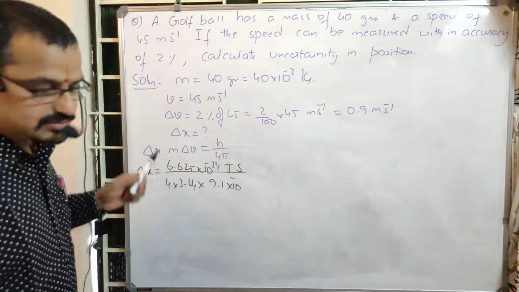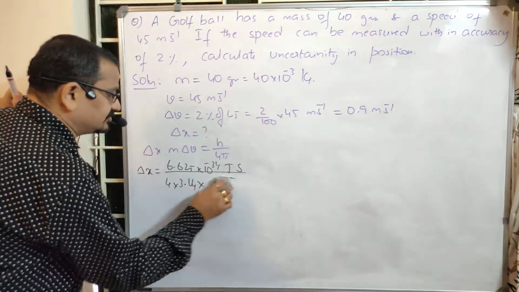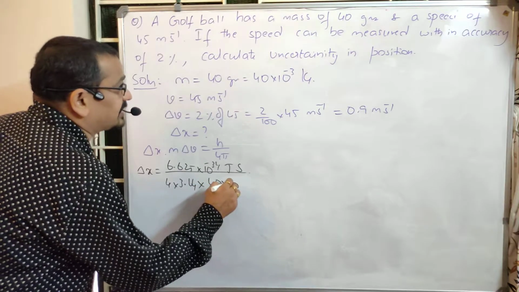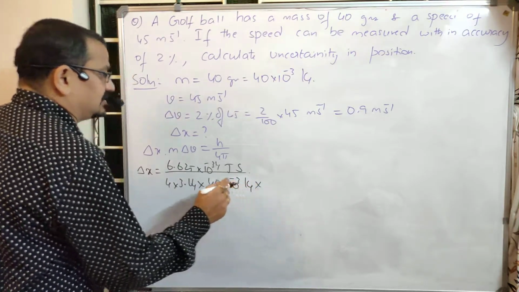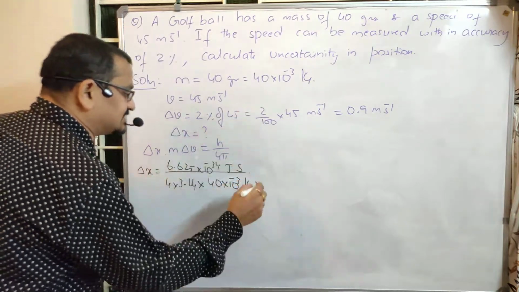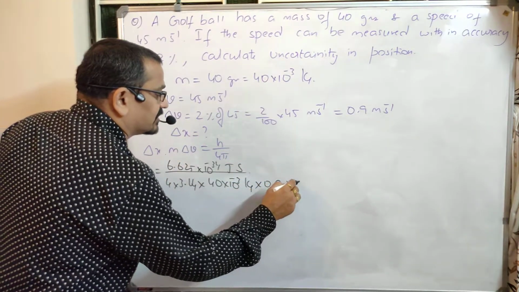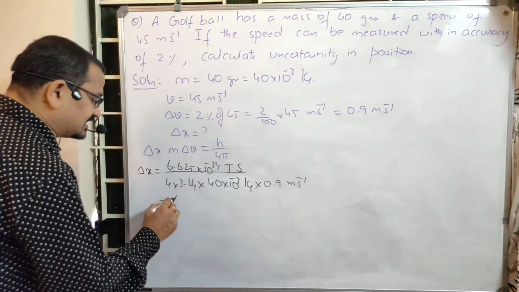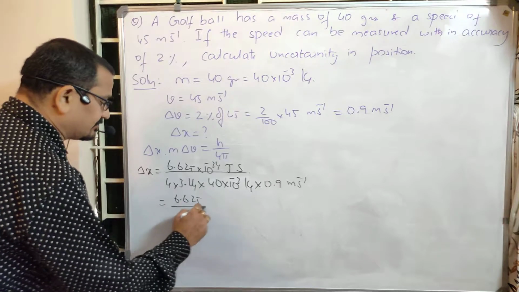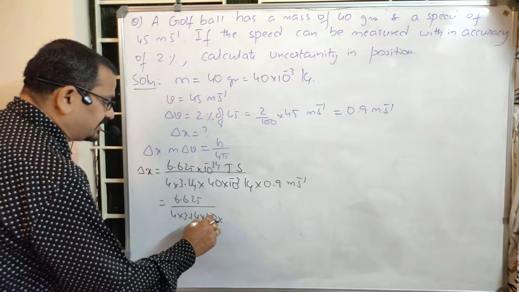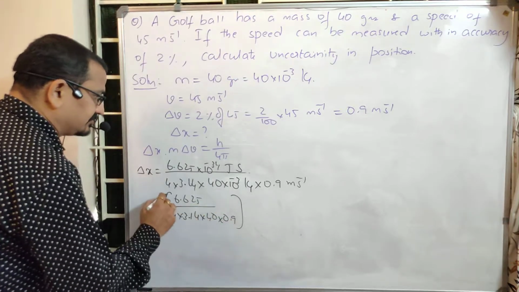It's not electron, no. It is 40 into 10 power minus 3 kg into delta v, uncertainty in velocity is given as 0.9 meters per second. So, we need to convert, as we discussed earlier, this is 6.625 by 4 into 3.14 into 40 into 0.9.